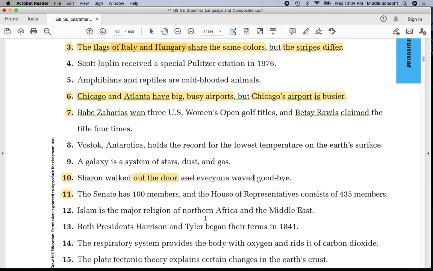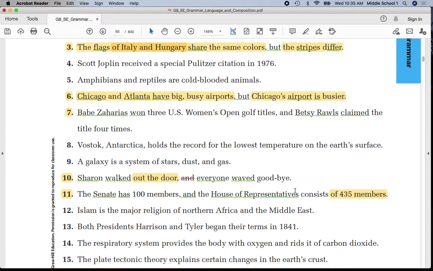Take a minute and look at number 11. What do you think? Can you find the conjunction? How about the prepositional phrase? Do you see the simple subject in the first sentence? The Senate has 100 members. You're correct if you said Senate. You're also correct if you said has as the simple predicate and you would put your line between those two words.